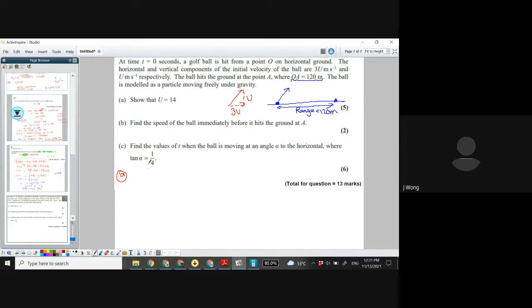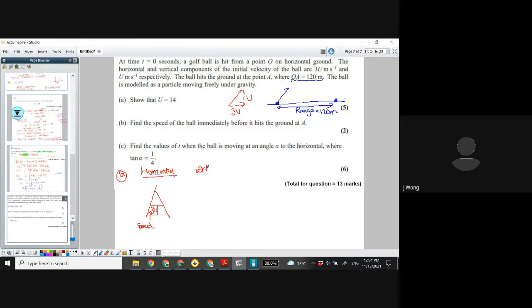In the horizontal direction, I always enjoy doing this: I know a is 0, so just put down your speed, your distance, and your time. Your speed is going to be 3U, and that is what you could fill in as default first.